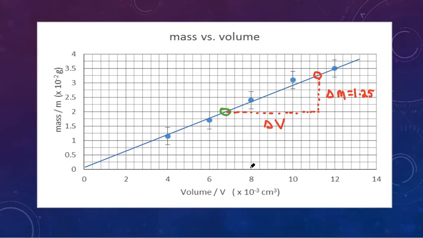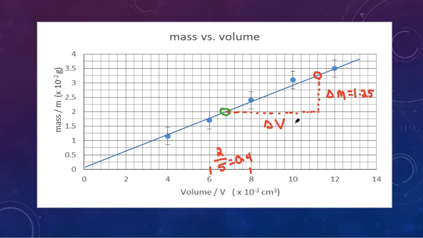And if 2, so from 8 to 6 is 2, and there's 5 bars, I'm going to do 2 divided by 5, and that's going to be 0.4. Okay, so every box represents 0.4 times 10 to the minus 3 cubic centimeters. So I have 1, 2, 3, 4, 5, 6, 7, 8, 9, 10, 11.